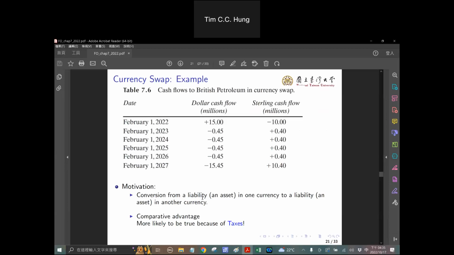They may periodically collect foreign currencies that they want to exchange back to their domestic currencies. The type we're introducing here is the most basic fixed to fixed currency swap. Some of the reasons could be their own international business, or it could be because of the tax benefits, which is also part of the comparative advantage argument. That's why some companies like to do currency swaps.